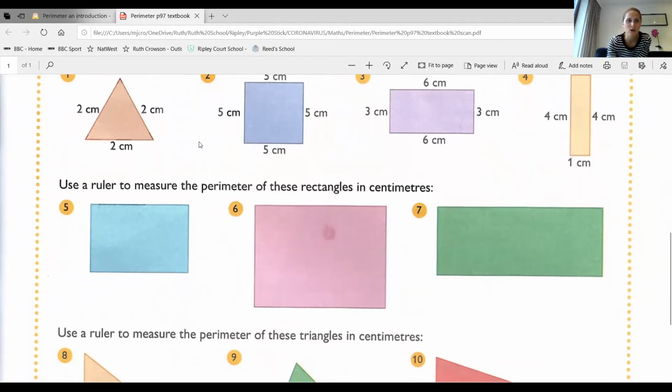The first 4, it's asking you to add up the sides, and look, it's given you the measurements already. The next ones, however, you're having to use a ruler to measure the perimeter yourself. So you need to use your ruler, work out the sides and add them together.